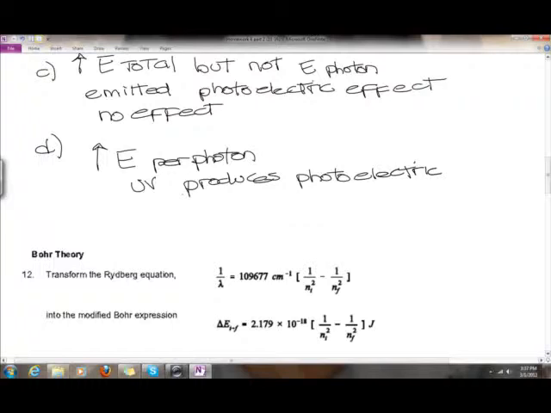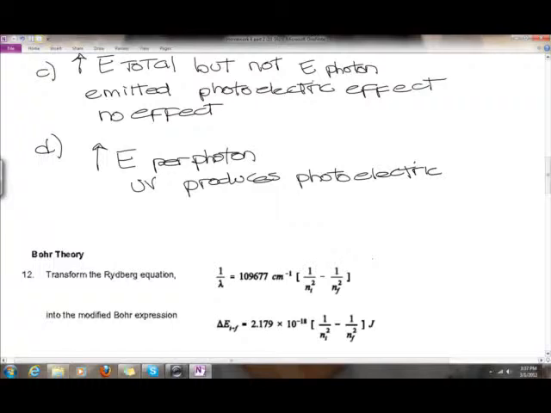That is kinetic energy, the speed of the electron, the movement of the electron. The electron is absorbing the energy per photon, which is the minimum quantum of energy.